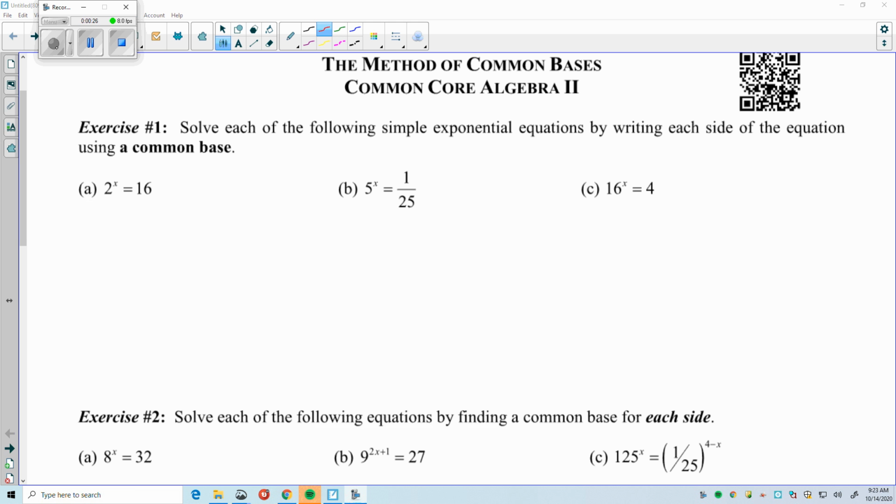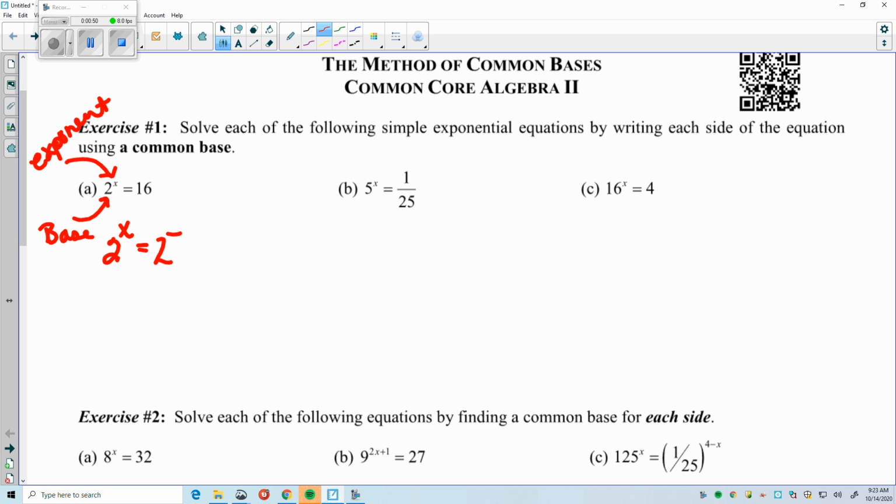So for instance, right now in part A, I can tell you 2 is the base, where that x is your exponent. And our goal right now is to get both sides of the equation to have that common base of 2. In other words, the question is saying to us, how could we take that 16 and write it as a base 2?